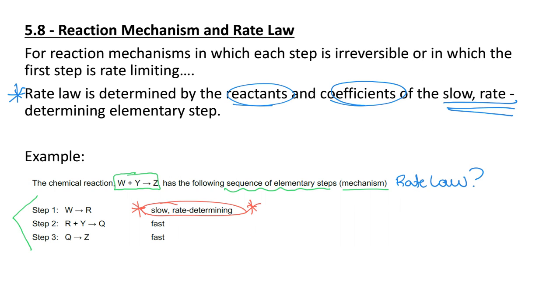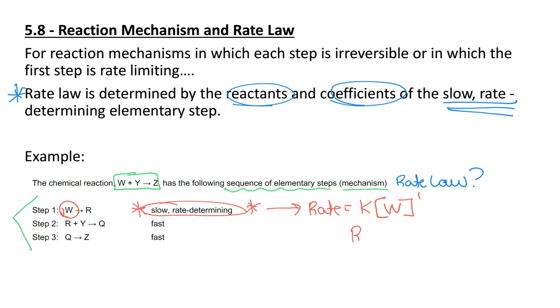And when you do, you're going to take that reaction and write rate equals k times, and then we're going to use that reactant of our rate determining step, put that in here. Our coefficient, which is a 1, is going to be our exponent. The only time we can use coefficients as exponents is when we are given reaction mechanisms.